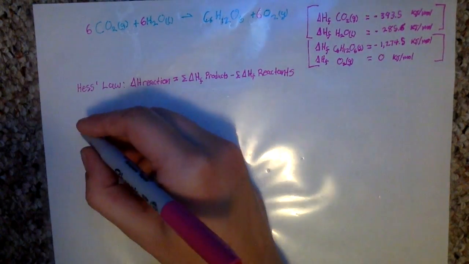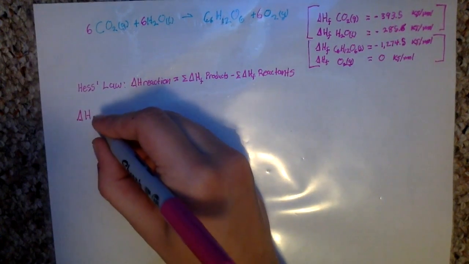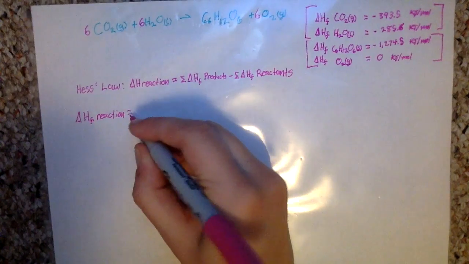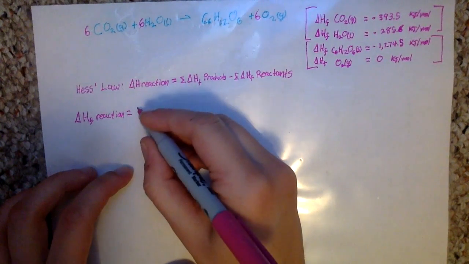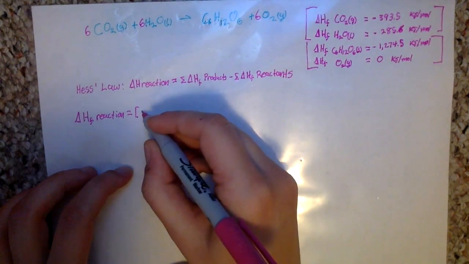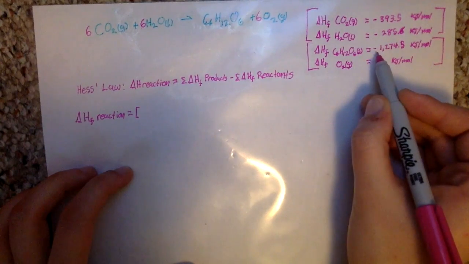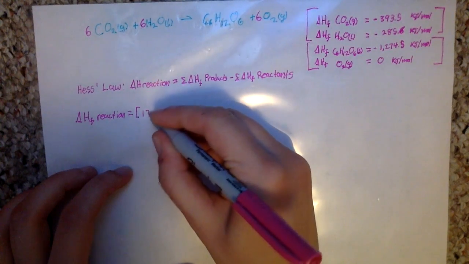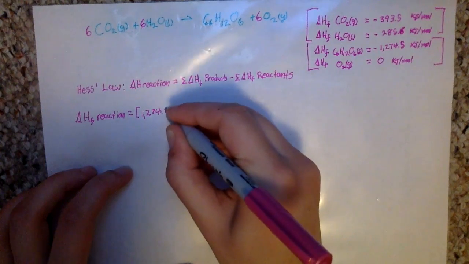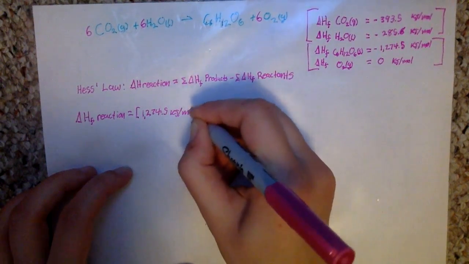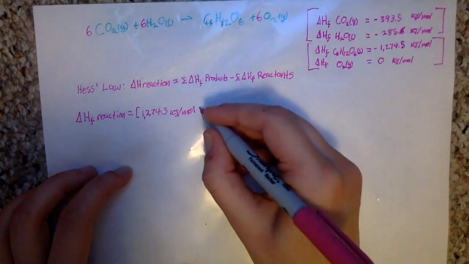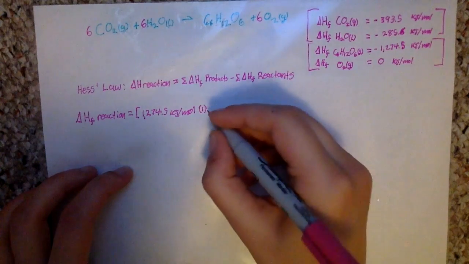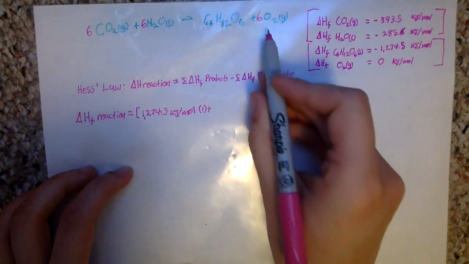So let's plug things in. In order to find the change in the heat of the reaction, we are going to take our products, in this case the sugar and the oxygen, and so here we have negative 1,274.5 kilojoules per mole, and we're going to multiply that by the number of moles, and here we only have 1 for our sugar, and then we are going to add our oxygen.